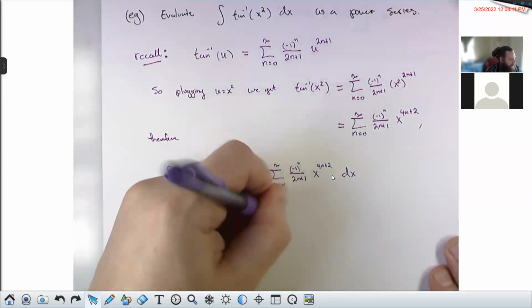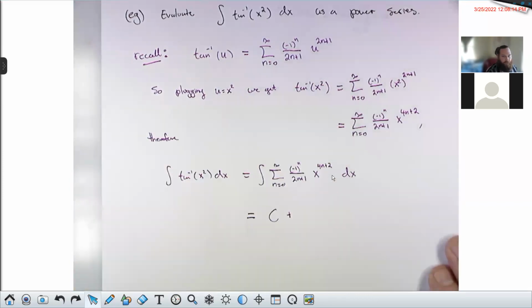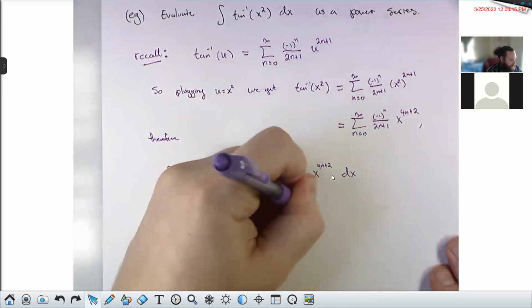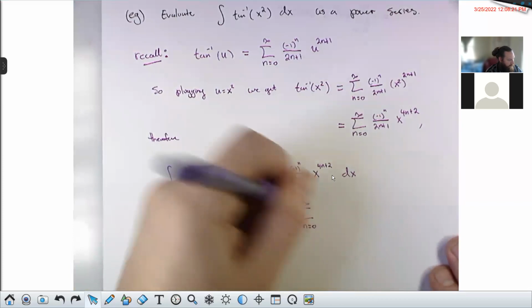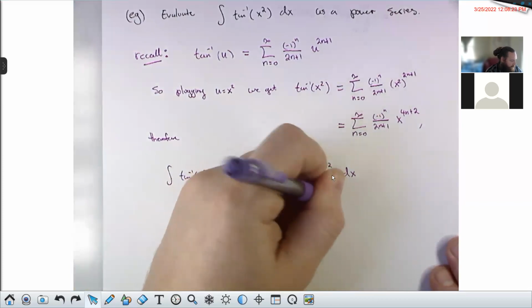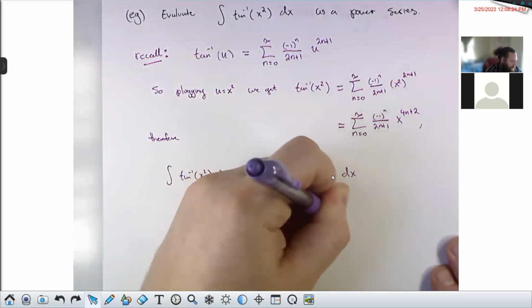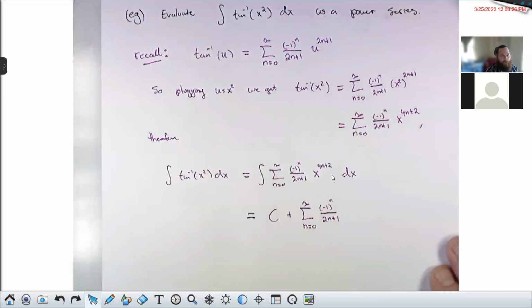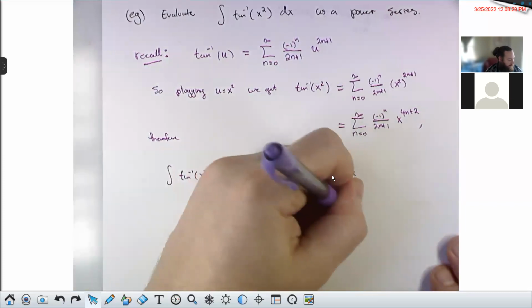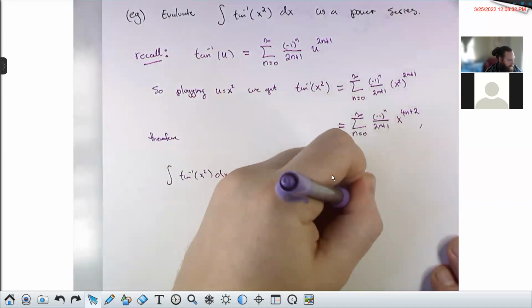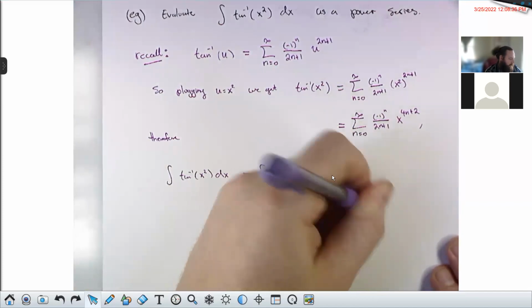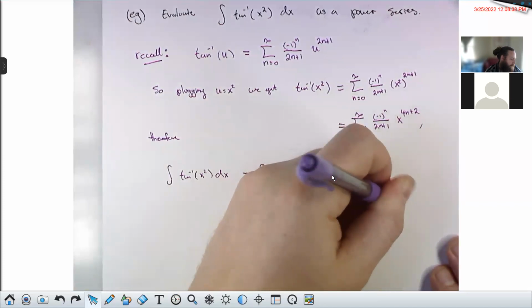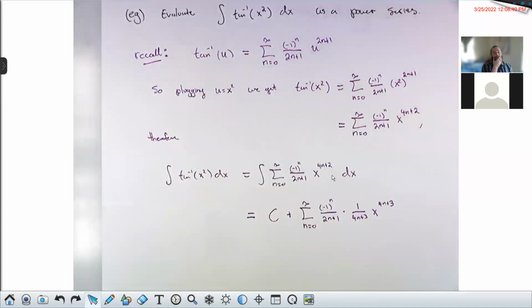Remember with series, when we integrate them, we write the plus c out front, so we don't confuse it for being inside the series. It's not. All the sigma stuff and the coefficients just come along for the ride. The integral of x to the 4n plus 2 is 1 over 4n plus 3 times x to the 4n plus 3. And that's it. That's your answer.